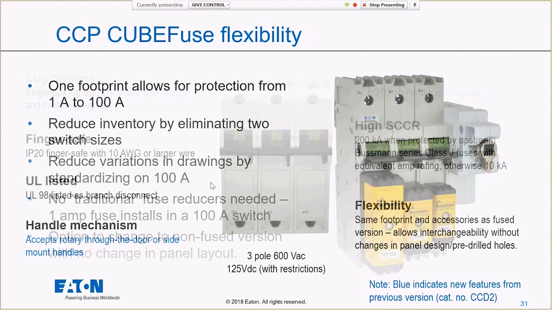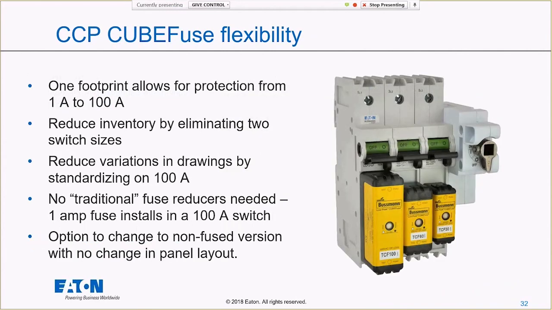Here's that piece about the flexibility of the CUBEFuse. One footprint can give you 1 amp to 100 amp. So you can underfuse any of these. You can see there's 100, 60, and 30 all within this one device. One of the first adopters I had of this switch is somebody who builds machines, and their main disconnect always winds up being either 60 or 70 amps.